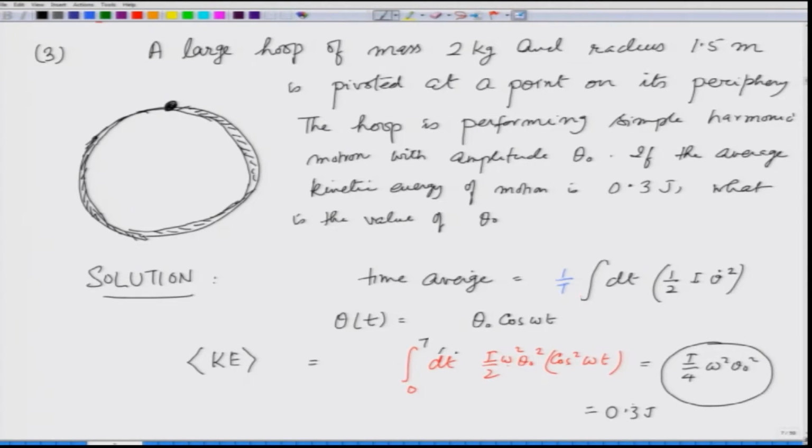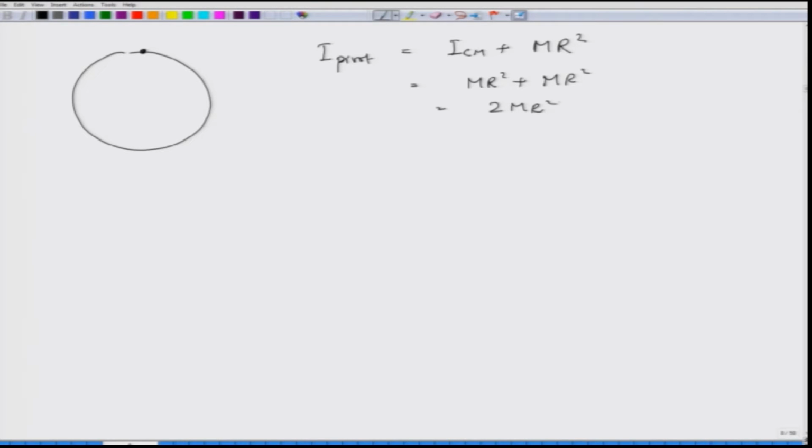So, all I have to do is calculate I, calculate omega, and then calculate theta naught. Now, for this hoop, I is going to be about this point. So, I about the pivot is going to be I cm plus m r square, which is m r square plus m r square, 2 m r square.